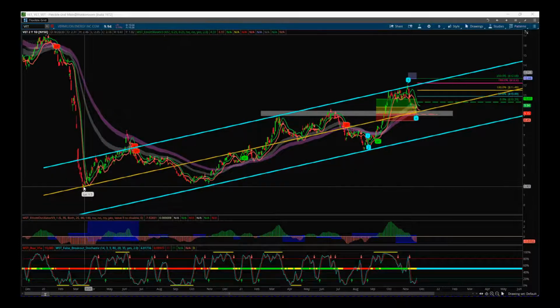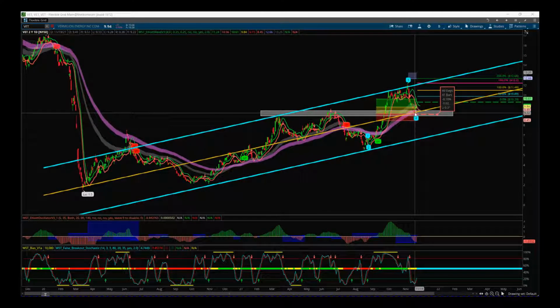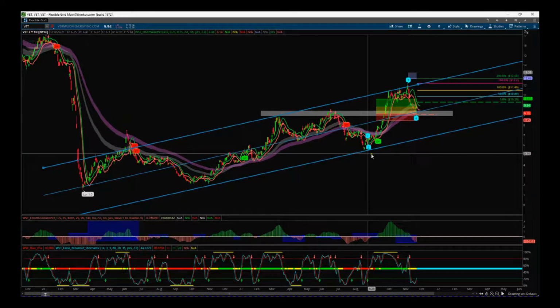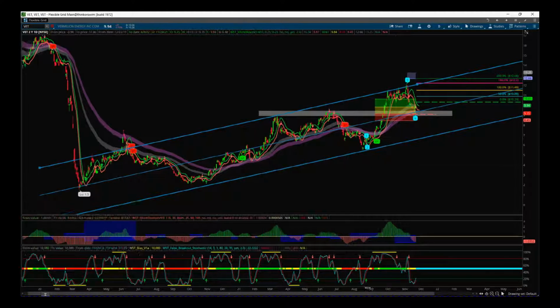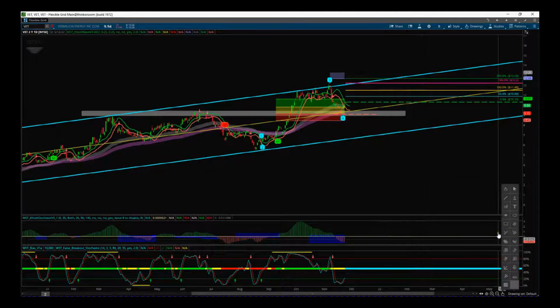One of the big things right now though is the center line. We're testing this from above, from below, from above, and just recently on this wave 4 pullback from above. We've got a one touch on the bottom there, and then we've got a linear support and resistance zone here. Let me zoom in a little bit to talk about that one.